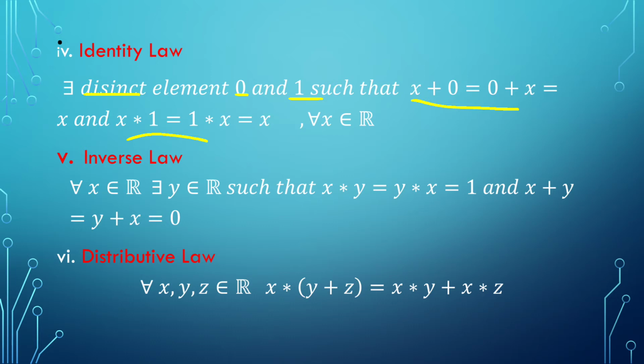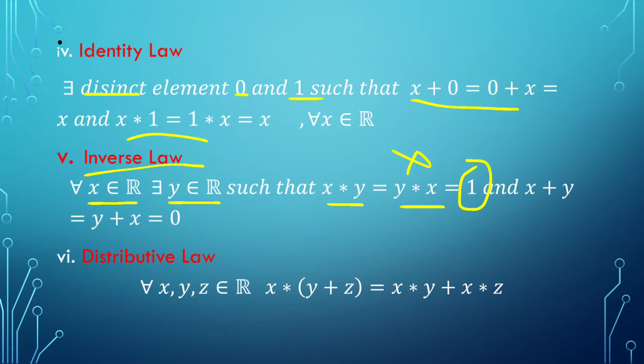Okay, inverse law. So if you have x in the real set and y in the real set, x star y will be the same as y star x, which gives you 1. That is for multiplication.